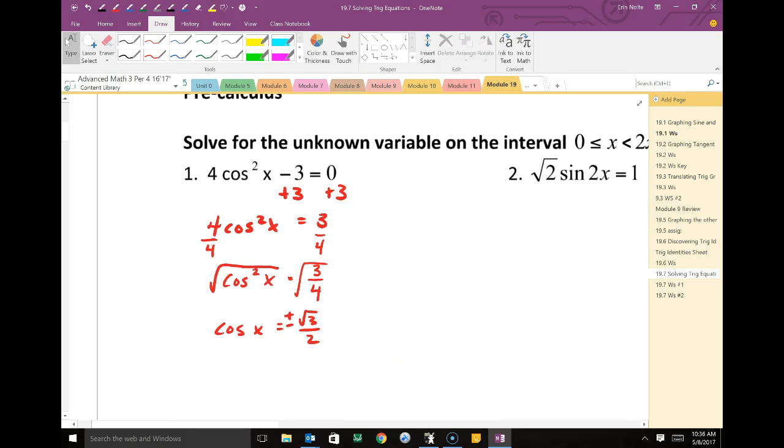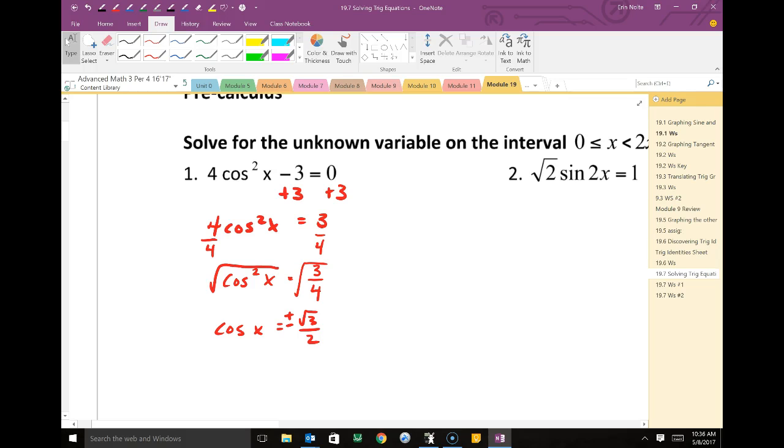Okay, and since my x is after the cosine, what am I looking for? What is the x going to be? What's that? So what is my answer going to be like? Okay, yeah.